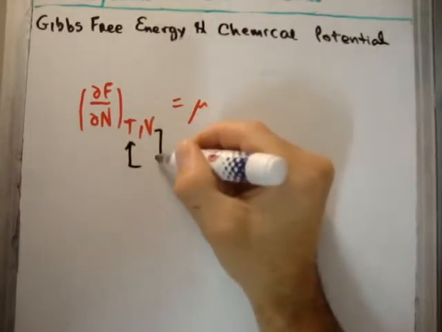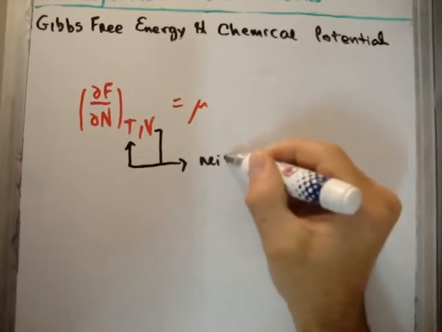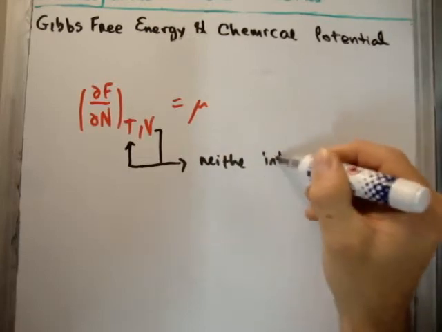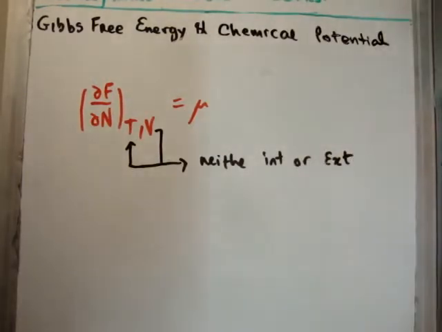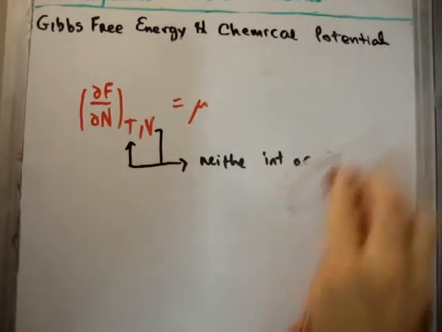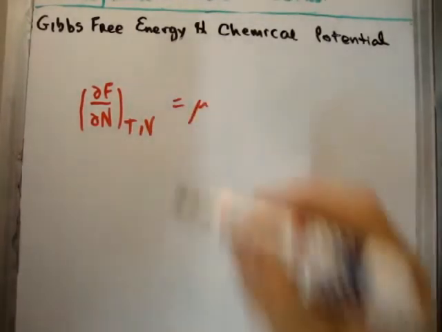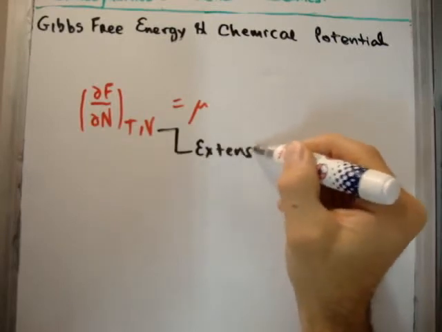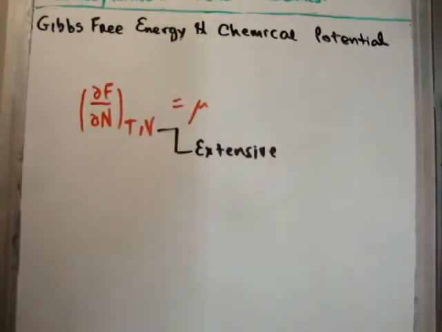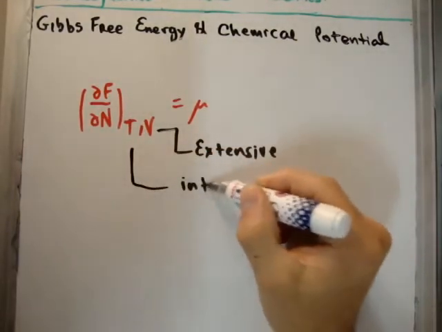We note that these variables are neither both intensive nor both extensive, because in actual fact one is extensive and one is intensive. The volume is an extensive quantity, and the temperature is an intensive quantity.